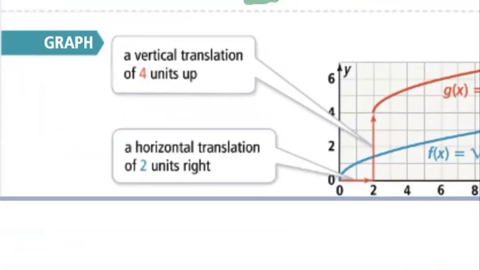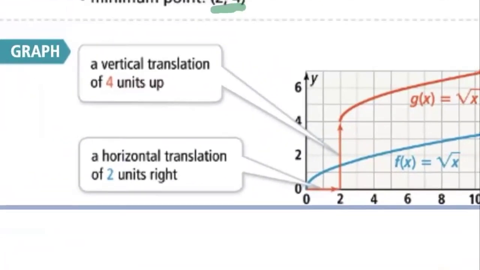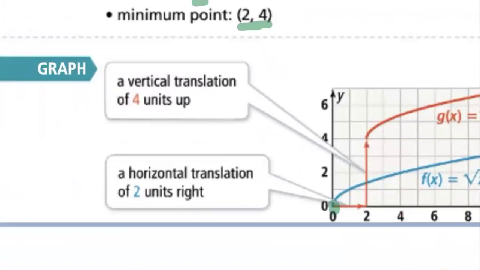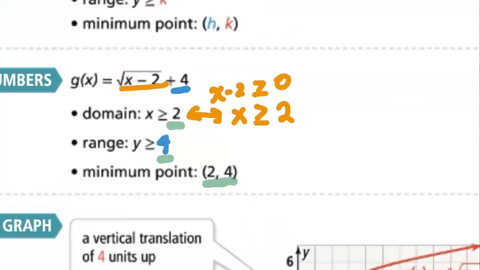Okay, so here's the graph. The range, which is positive 4, means you're going to go up 4 units from the original radical equation, and then the horizontal, you're going to go to the right 2 units. When you graph this, there's 2 ways of graphing it, either using a table or using translation. And honestly, translation is the easiest form of graphing these.